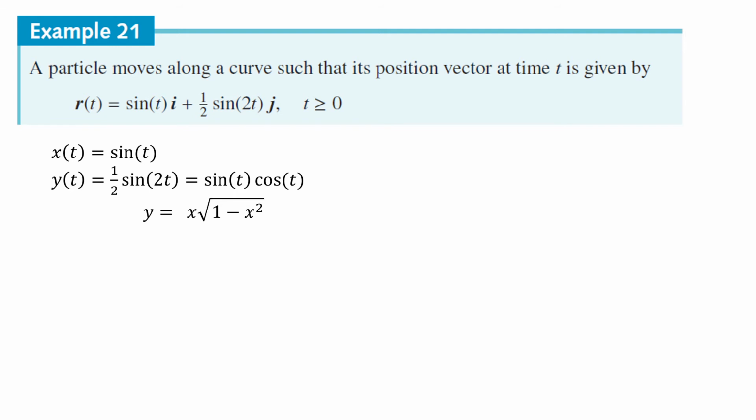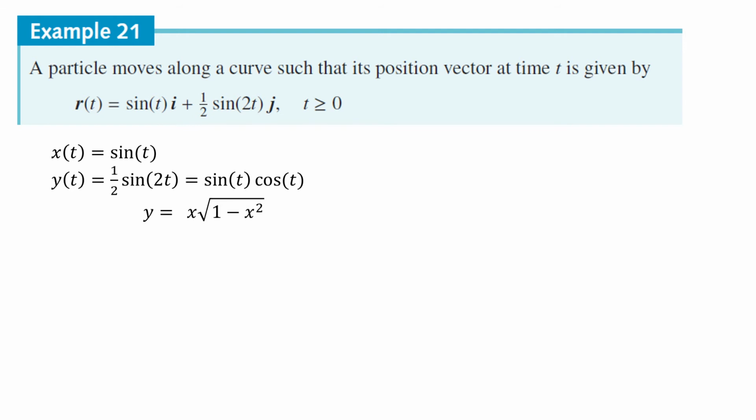In other words, when t transitions from 0 to pi on 2, that's hunky-dory. But when t goes from pi on 2 to pi, cos t is negative. And when t goes from pi to 3 pi on 2, it remains negative. So any t value that takes us into the second or third quadrant will produce a negative cos value.